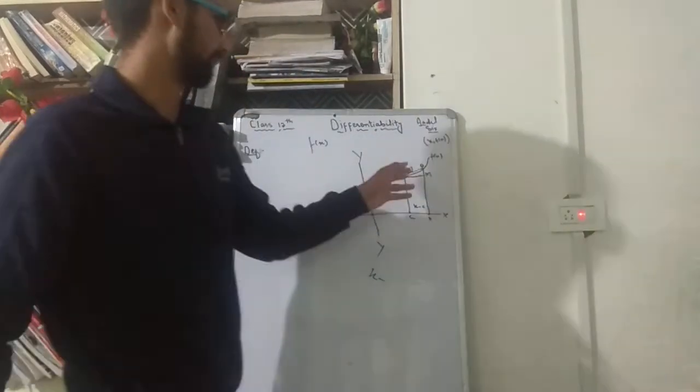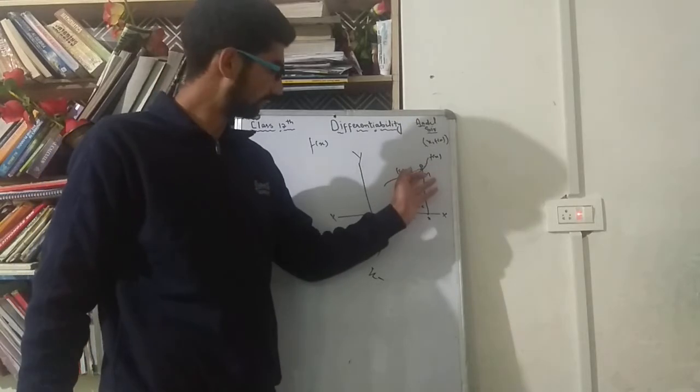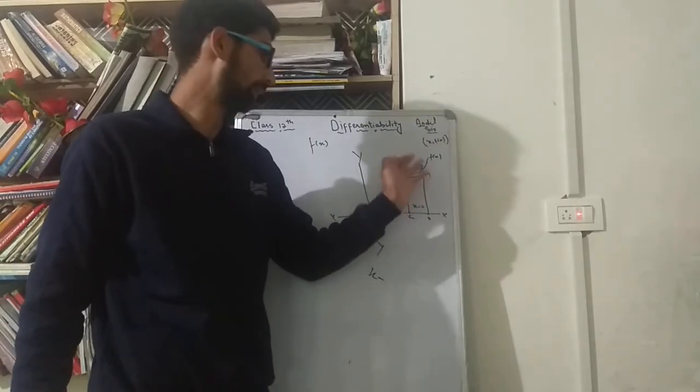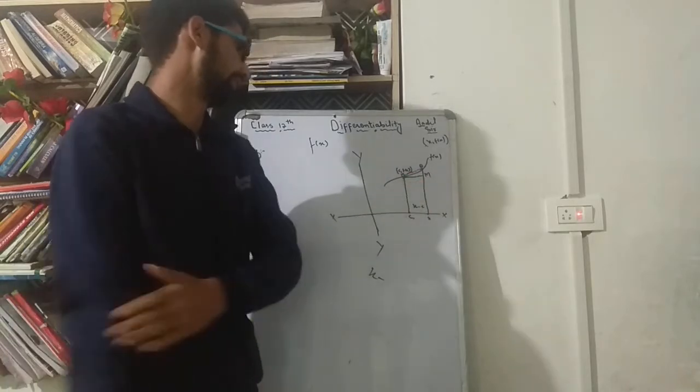PM is perpendicular, and we know the perpendicular makes an angle of 90 degrees.